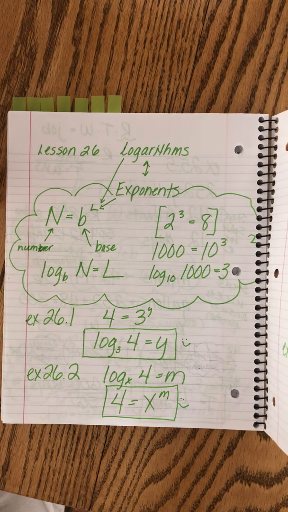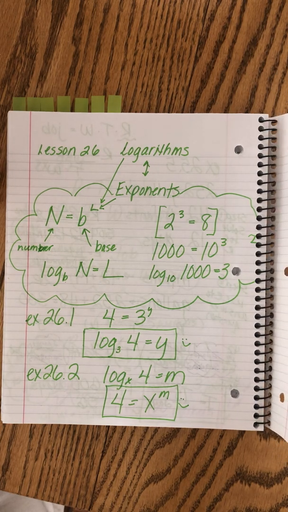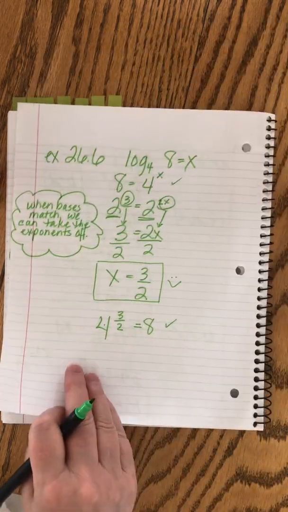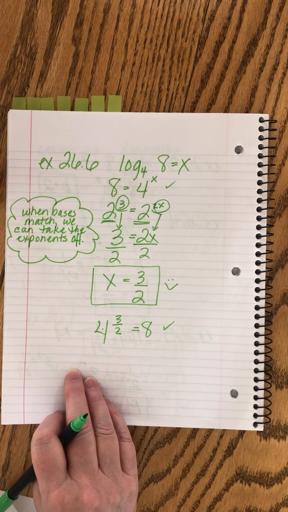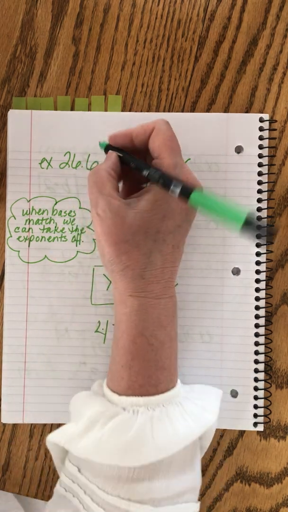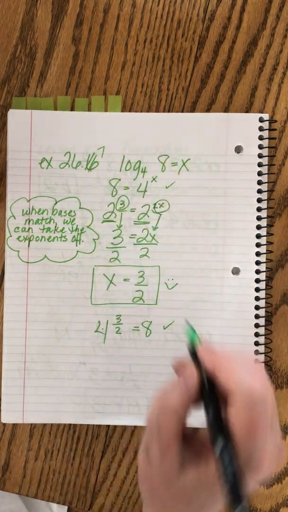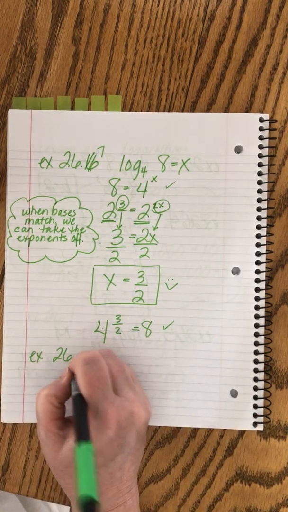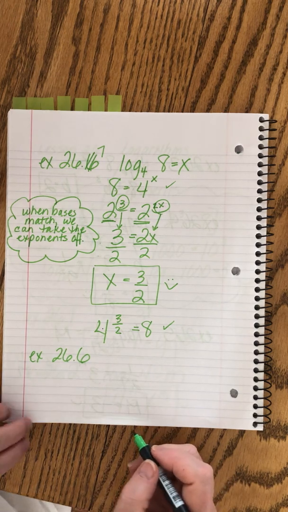Wait a second, I'm looking to see if I forgot one. 4 is that one. 5 is that one. Oh, this is actually 7. Sorry, I did it out of order. Now we'll go back and do 6.